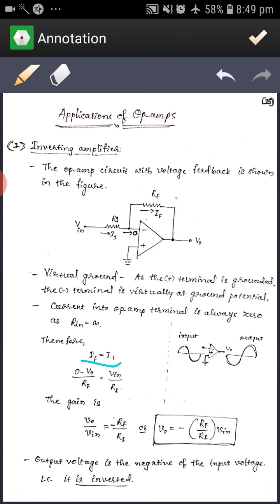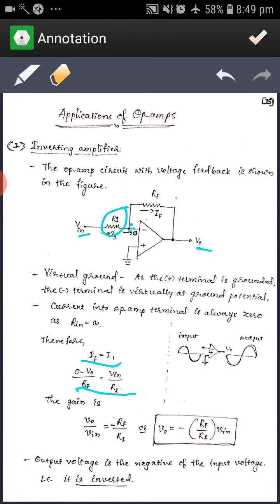What is IF? Here the voltage is 0, so IF is V by R, which is 0 minus Vo divided by RF, and I1 is equal to Vin divided by R1.